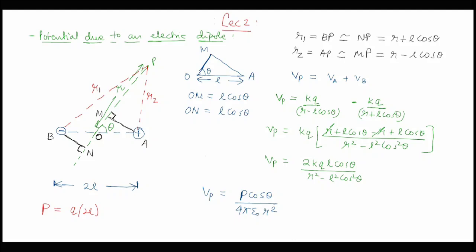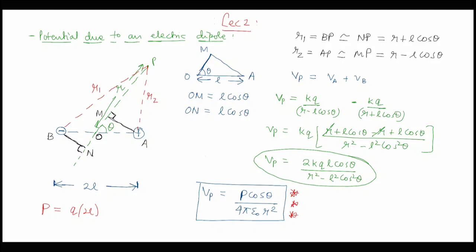We are ignoring L square cos square theta because L was very small in comparison to R. Or we can not omit that expression and obtain this equation as well. In case you are not taking approximation, you can use that expression, but for most of the purposes we are going to use this expression. So we obtain P cos theta upon 4 pi epsilon naught R square as the value of potential due to the electric dipole.